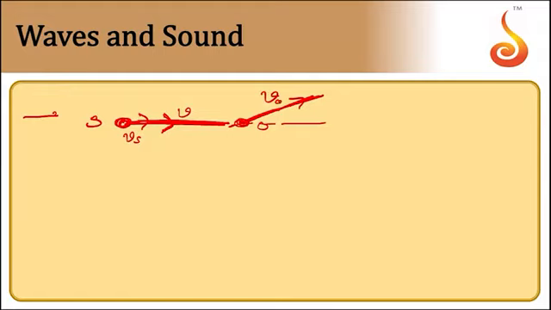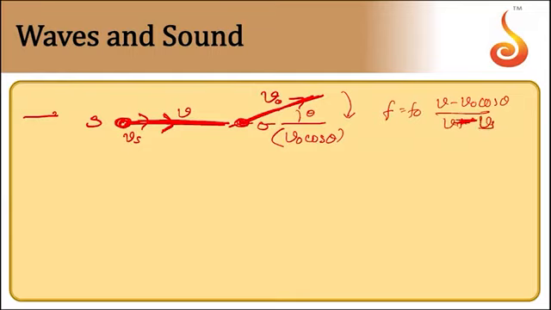So then what do I do? I take the necessary component along the common line. So this becomes Vo cos theta, that's it. So it becomes F is equal to F naught into V minus Vo cos theta divided by V minus Vs here.